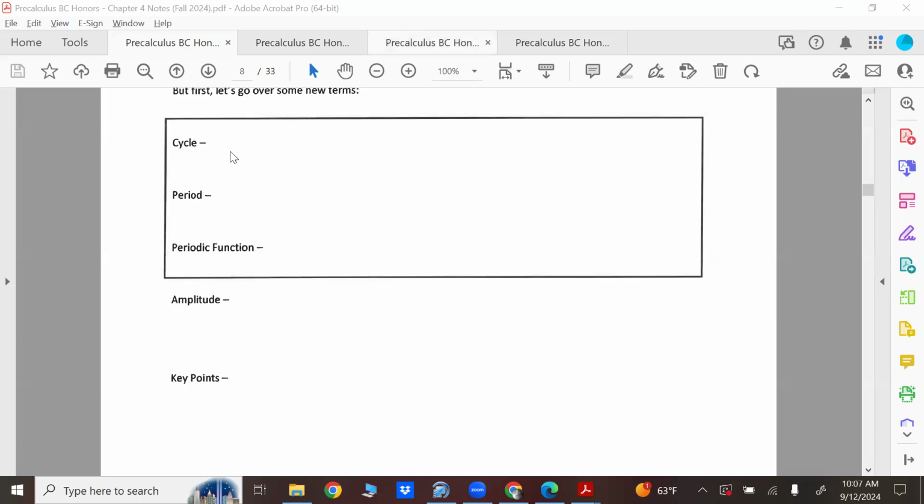So a cycle is basically, well, cycle and period are kind of the same thing. Well, a period is the length of one cycle. A periodic function is a function that repeats itself.